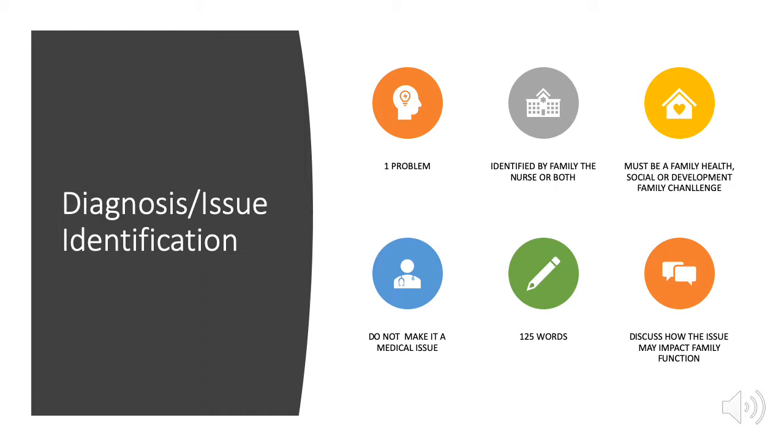So how does that issue impact family function? So you've identified the problem, you've identified who came up with that problem, you've made it a family health, a social or a developmental family challenge or issue, and now you're going to discuss how that issue will impact on family function.